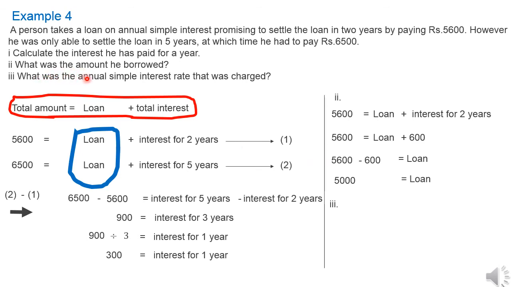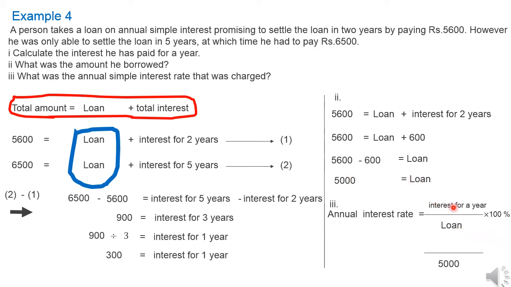Then Roman number 3, student: what was the annual simple interest rate charged, as a percentage? In an earlier example I told you how to find the annual simple interest rate. Interest is always calculated on the loan, so you need the loan and the interest for 1 year. Percentage means multiply by 100%.